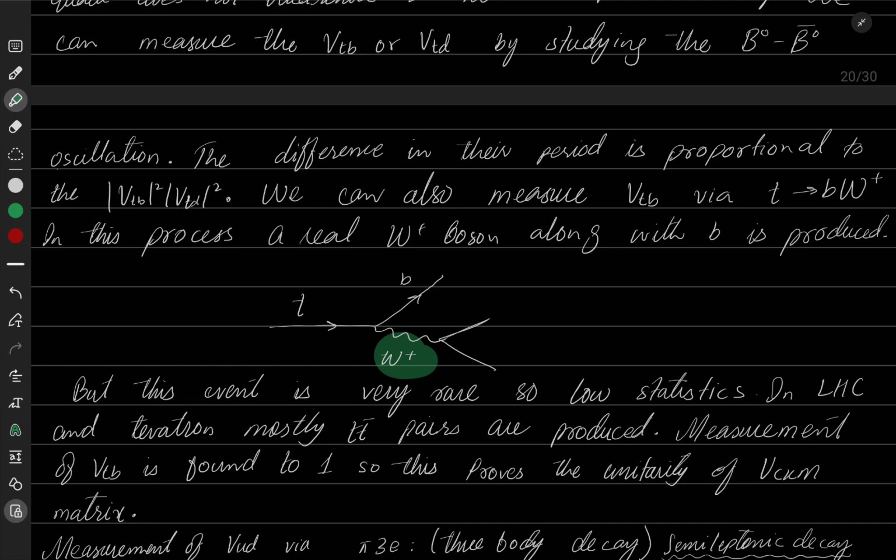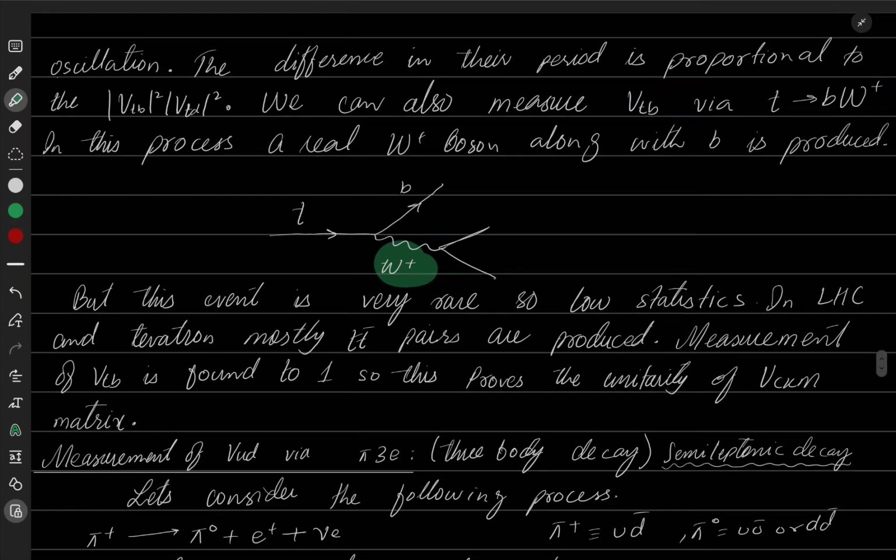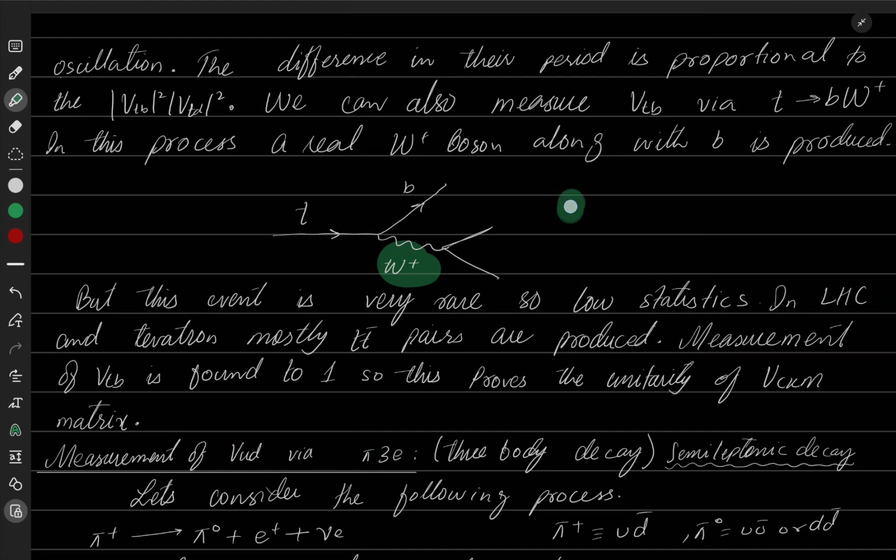But you know, this process is very rare, and if it is very rare, we have very low statistics. So it is very hard indeed, even in this case. I mean, the decay of the top quark into a B and W plus.